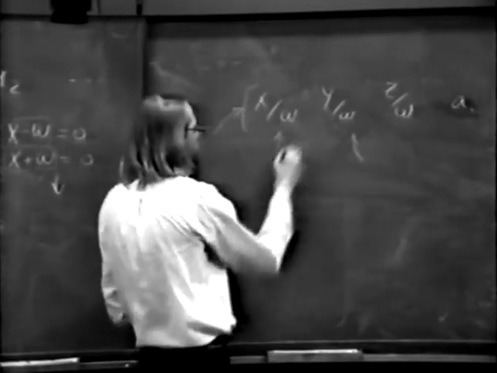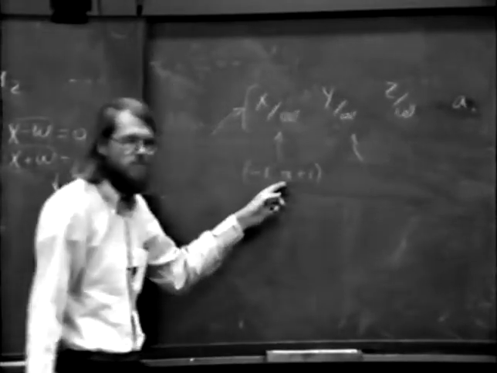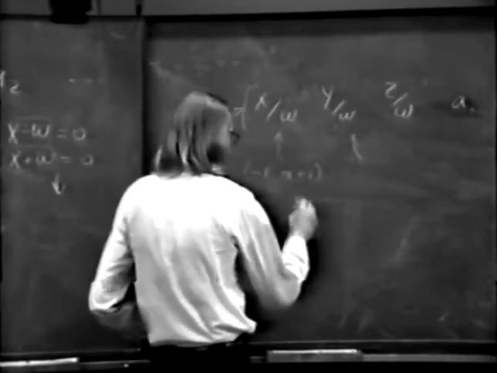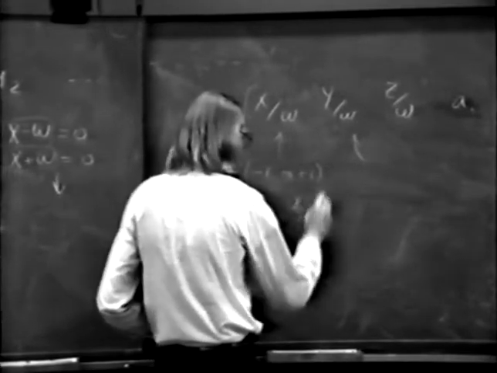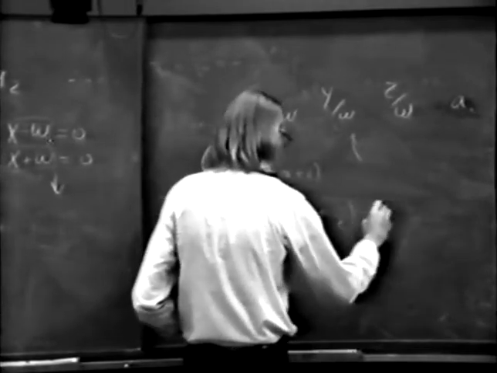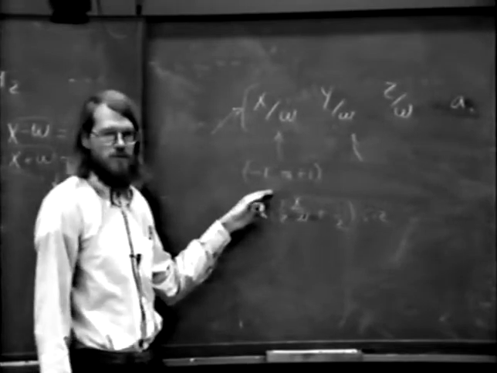X over w and y over w are going to go from minus 1 to plus 1 when they're done. So you're going to have to do something like x over w, 1/2 of that, plus 1/2 times 512, whatever it takes in order to map this into whatever pixel coordinate space you want.